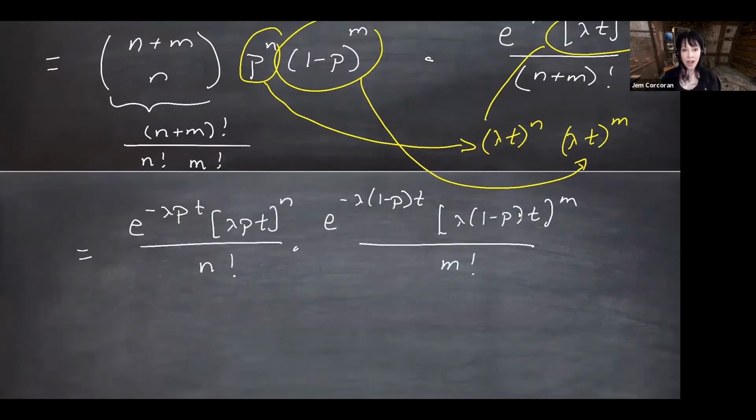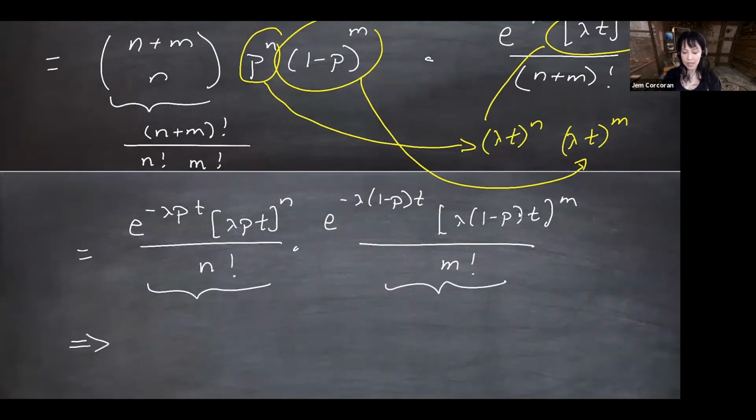And so I had two random variables and I was looking at them at the values n and m, and I have split it up into an n part and an m part. These are both valid probability distributions. The n stuff is over here and the m stuff is over here.